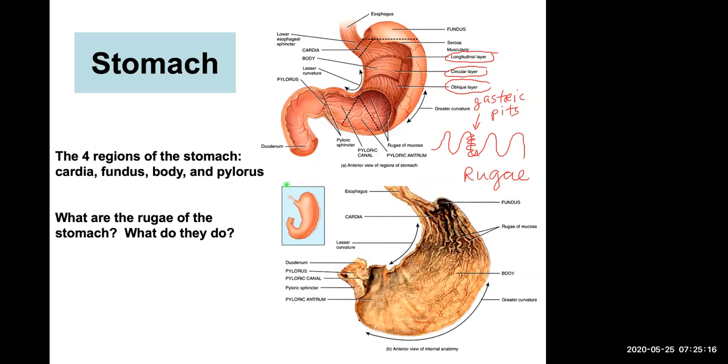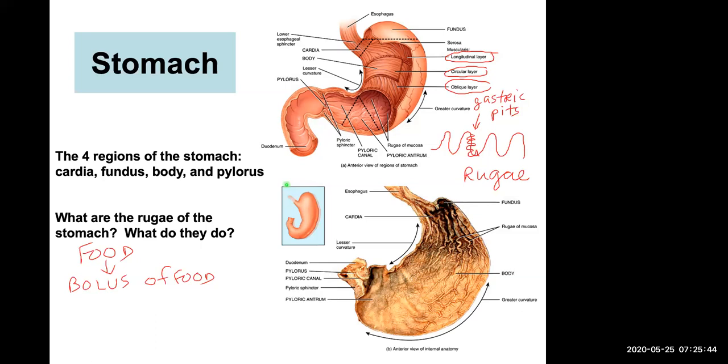Okay, so initially when we were ingesting food, we called it food, right? You bite into food, and then as soon as you lubricate it with saliva, then we called it a bolus of food, right? So really a bolus. Okay, and then now that it's in the stomach, it's going to get mixed in with a lot of secretions, things like hydrochloric acid.